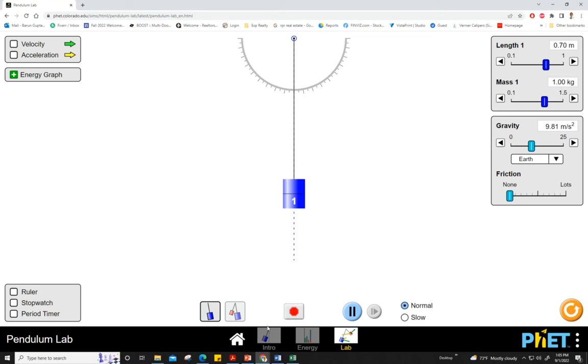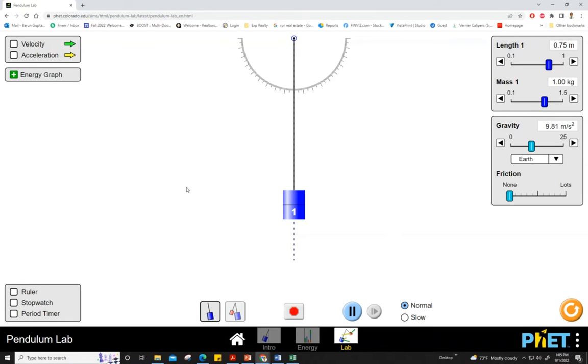Here we have a simple pendulum. So what are we going to do? We're going to set the length here. For my case, I'm using the length to be 0.75 meter. You can choose any length you would like to, but for my case, I have chosen 0.75 meter.